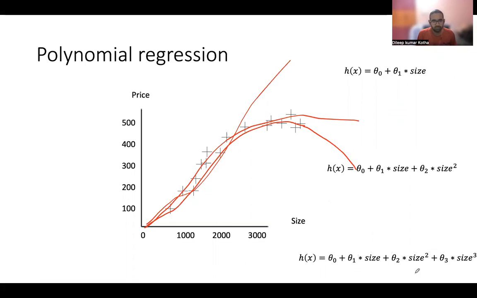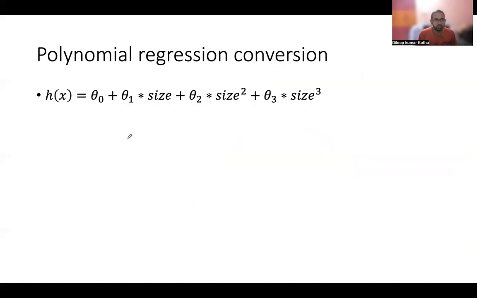But instead what we do is, whatever the polynomial type variables are there, say size square or size cube, we name them as new variables, and we ultimately represent it in the form of a linear equation, and then solve for the linear equation.